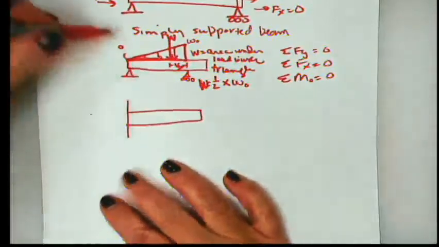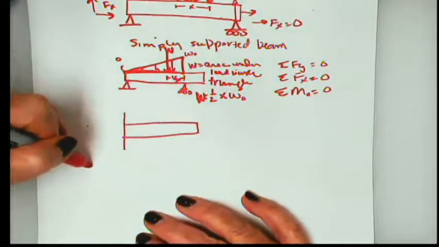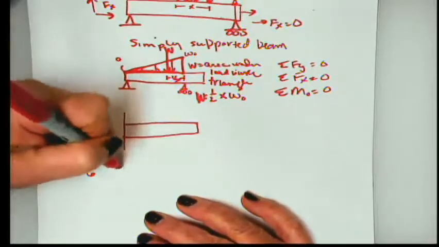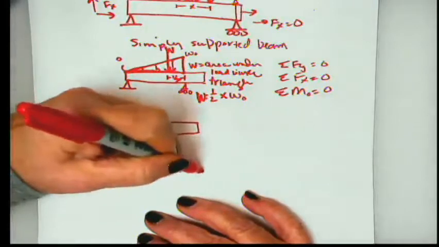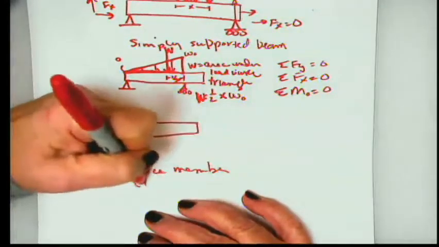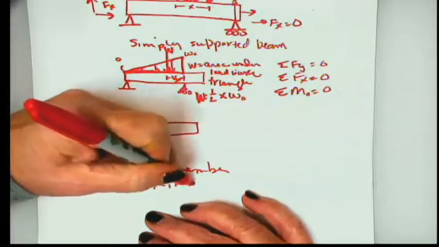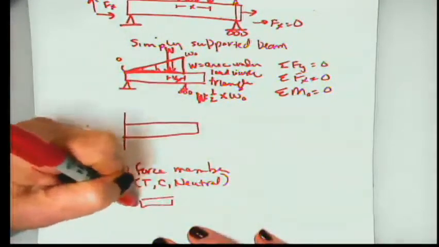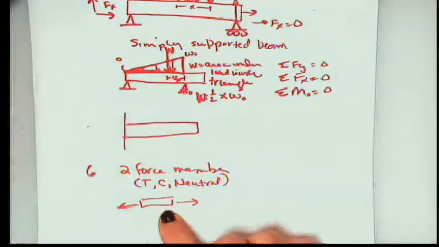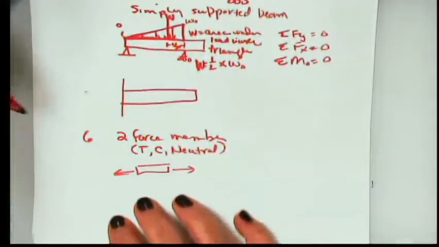Well, the answer is, when we were talking about chapter 6, we talked about 2 force members, and that meant that the structural member was either in tension or compression or neutral. The force was directed along this axis of the structural member. This would be tension. It might be the other way, which would be compression.